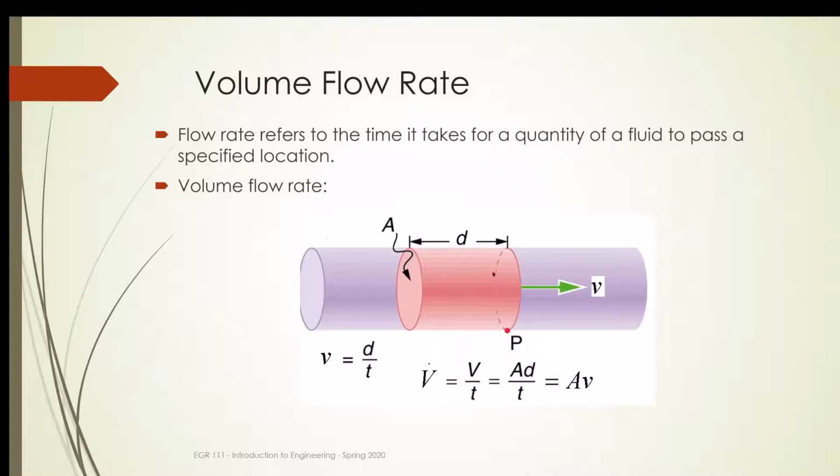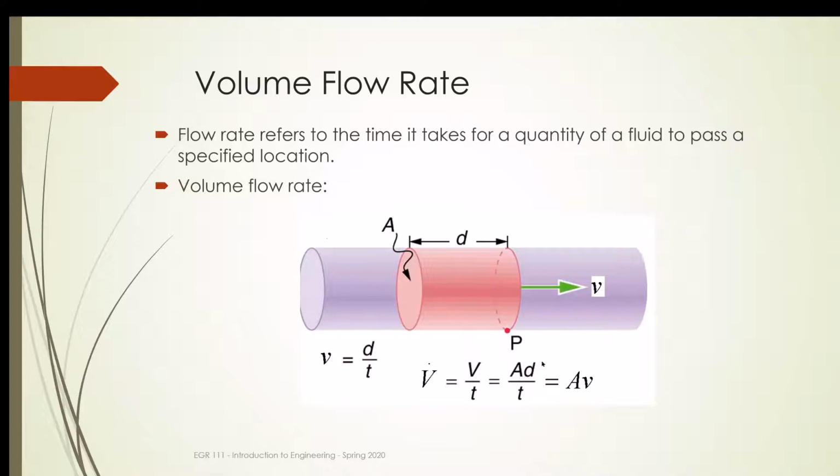So if you're thinking about this cylinder traveling, and it has a length of, let's say, 1 meter, and it's traveling 1 meter per second, that would mean this volume would go by this point P, meaning the cross-sectional area at this point P. If it's 1 meter long and has a velocity of 1 meter per second, it is taking this whole volume and going past this point every second, okay?